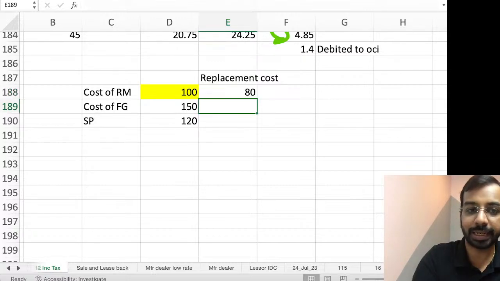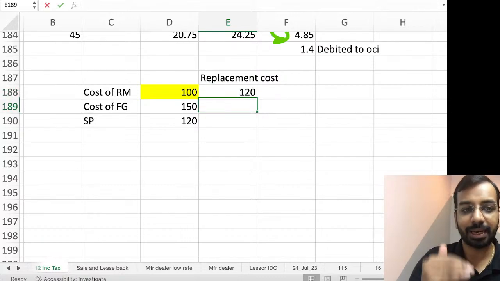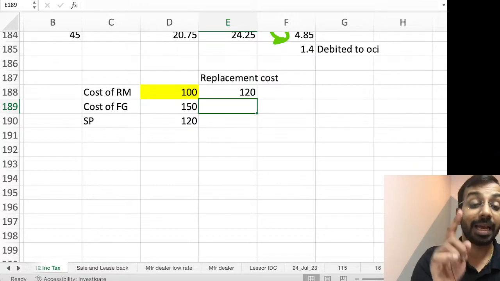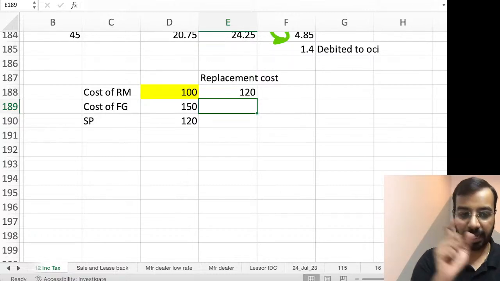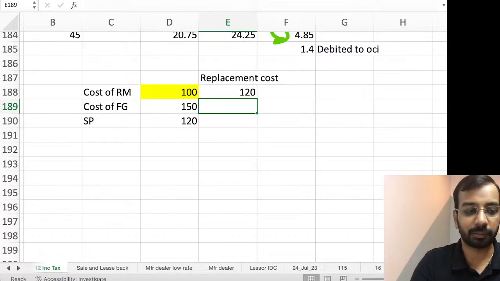If the replacement cost is 120, continue to carry it at cost only. Nowhere you will take it above cost. You will always value it at replacement cost if the selling price is less than the cost, means you are not able to recover the cost of finished goods. Any question? Are you clear with this? Here is where a lot of students make the mistake.